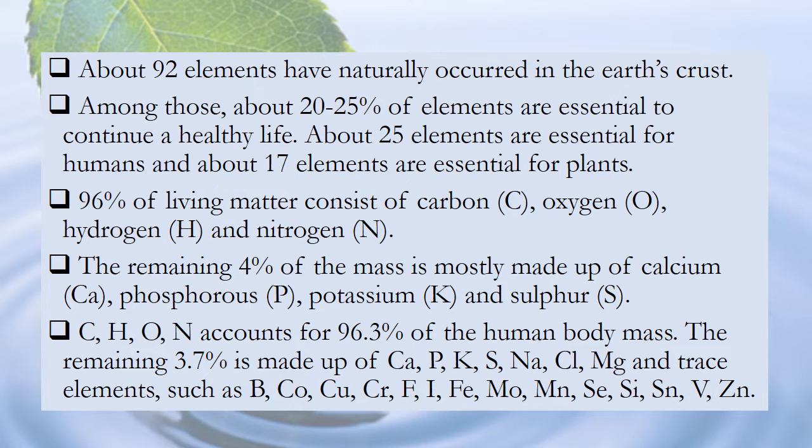The remaining 3.7% is made up of calcium, phosphorus, potassium, sulfur, sodium, chlorine, magnesium, and trace elements such as boron, cobalt, copper, chromium, fluorine, iodine, iron, molybdenum, manganese, selenium, silicon, tin, vanadium, and zinc.